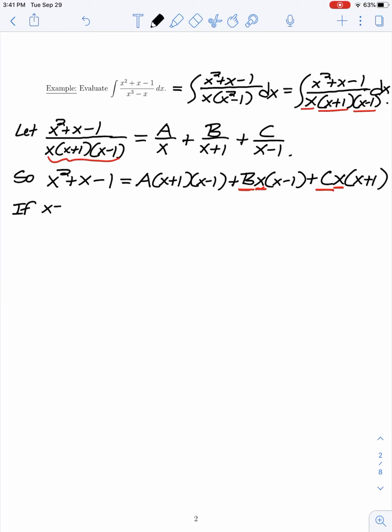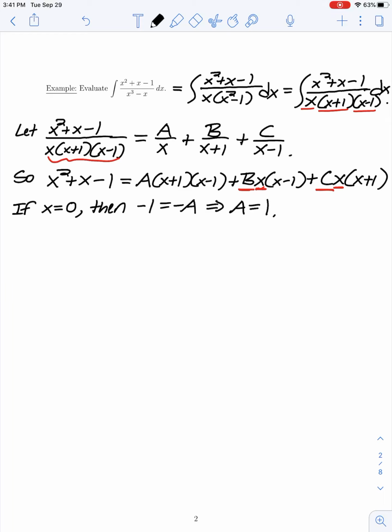So let me say the following. If x is 0, then this equation reduces to -1 is equal to a times 1 times -1, so negative a, which implies that a would be 1.